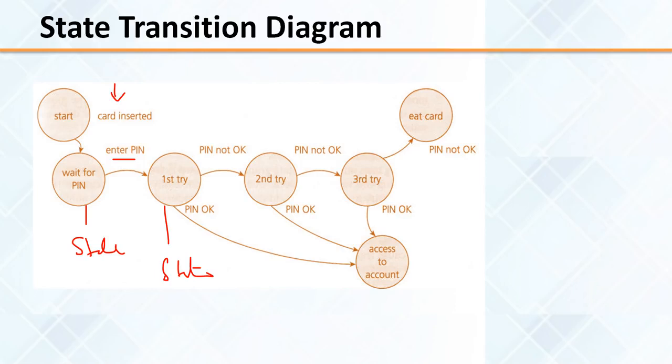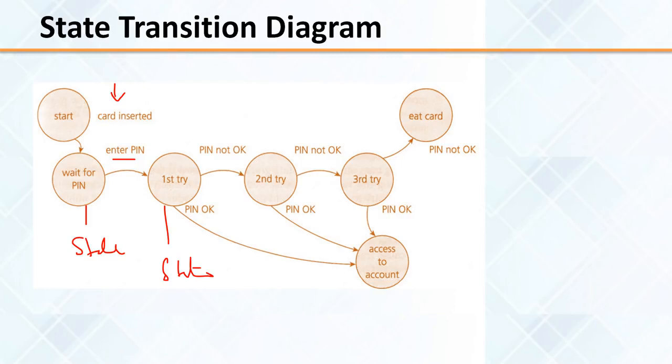Start state to wait for the pin state. It is changed. And whenever I enter the pin number, again it is changed to another state. If the pin is okay, then it will go to the access to account state. If the pin is not okay, it will go to another state. So here it will ask pin not okay. If the pin is not okay, then it will go to another state here. And if your pin is okay, then access.